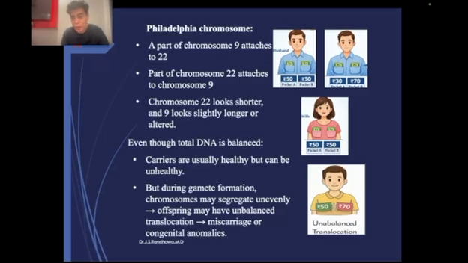So what will happen with unbalanced translocation? The effect will be that either this child may not be born, leading to miscarriage, or if it is born, it may have congenital anomalies.